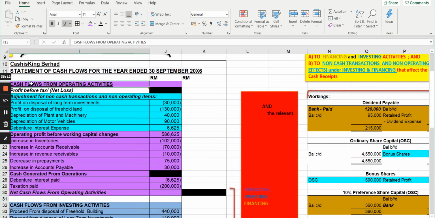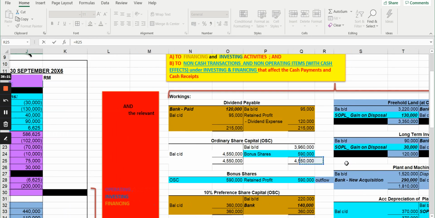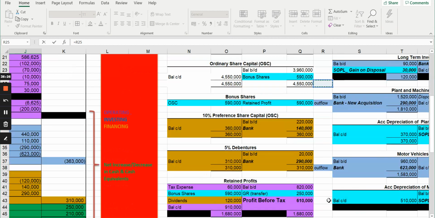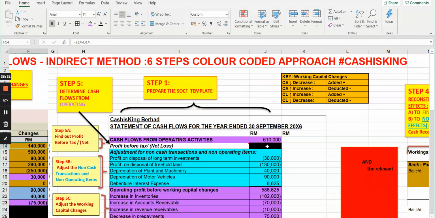So you can repeat that and pause that and watch that many times so that you can understand that better. And this one is going to be from here. Where is it? This one, 610,000. Your profit before tax.